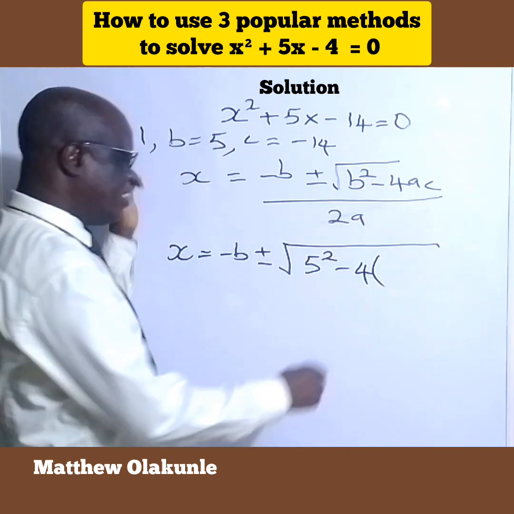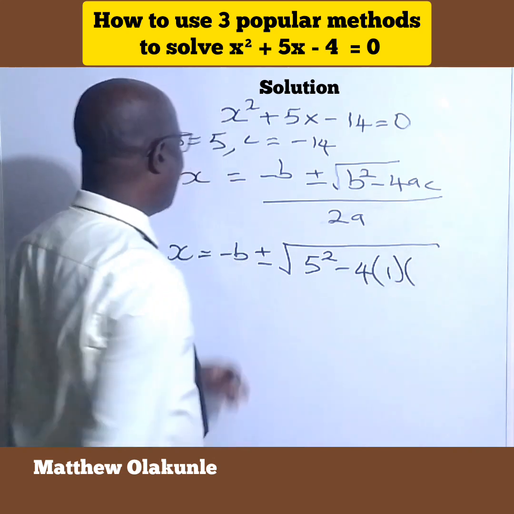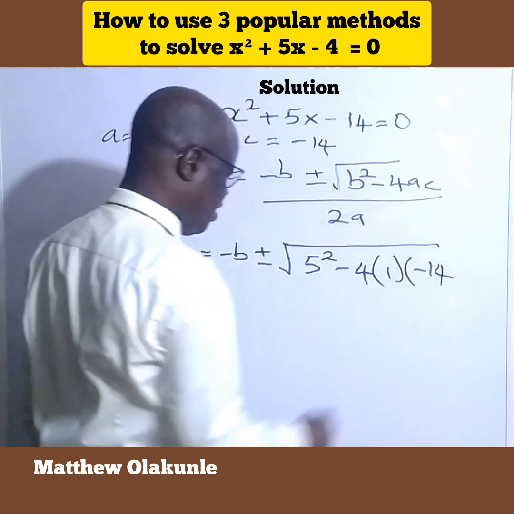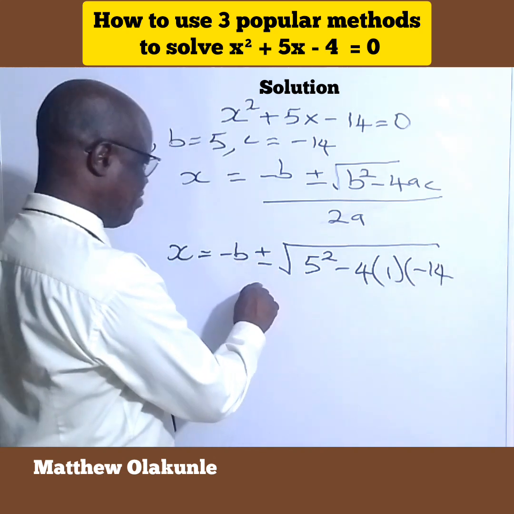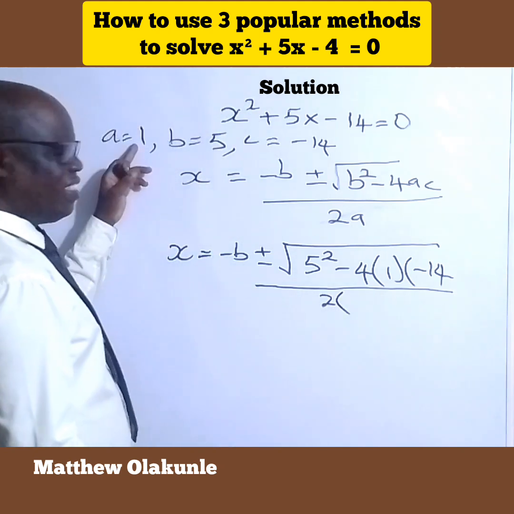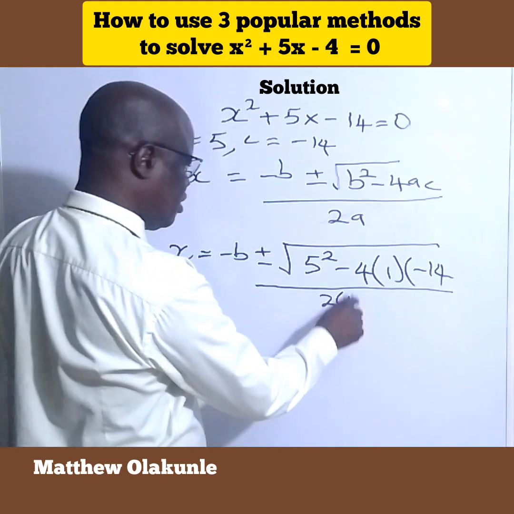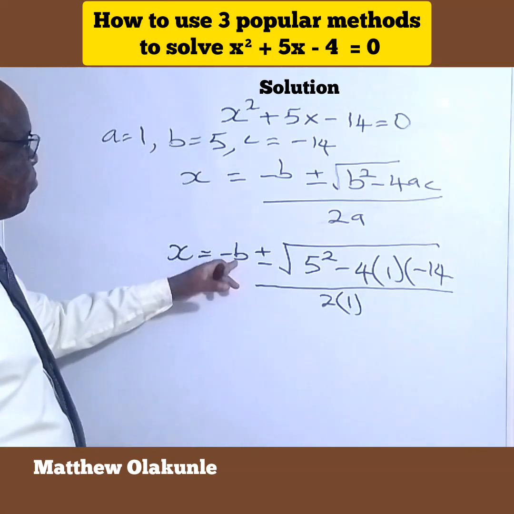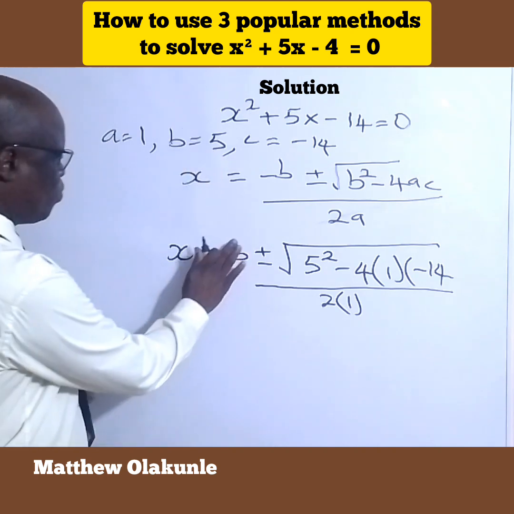Your a is 1, and your c is minus 14. Then everything divided by 2a, 2 times 1. So very simple. So your b is 5. So we put minus 5 here.